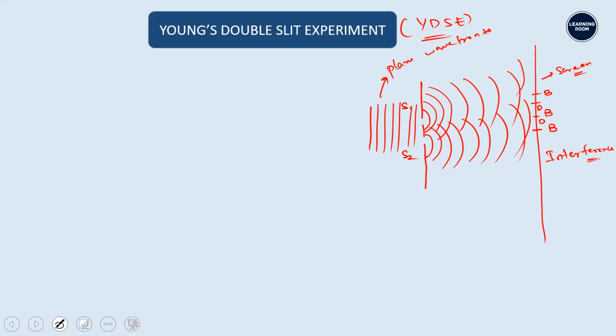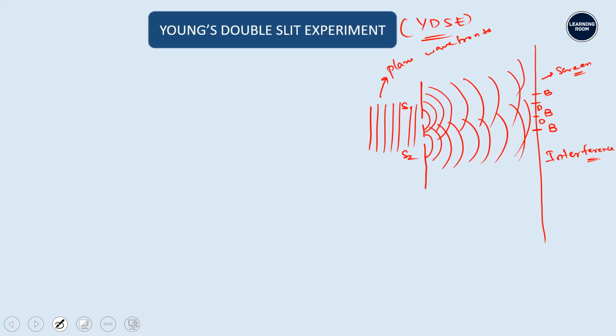So the difference is, when we discussed the concept of interference of light, we were discussing only the theoretical part. We took one of the waves as y1 is equal to a1 sine omega t and the other as y2 is equal to a2 sine (omega t plus phi), and then we tried to derive an expression for constructive and destructive interference. But this Young's double slit experiment is actually a practical application of interference.